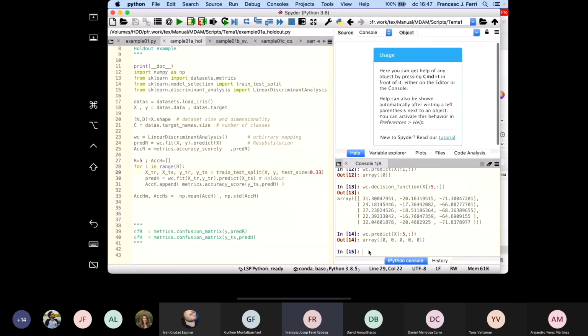Sometimes these discriminant functions correspond to probabilities.